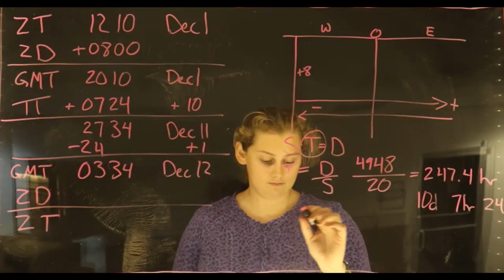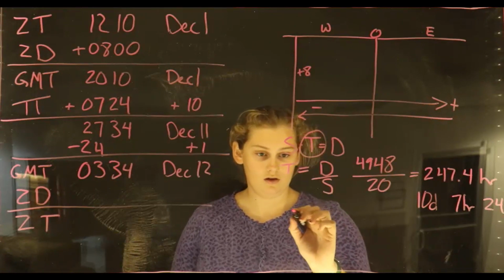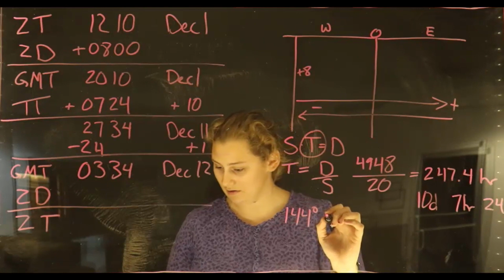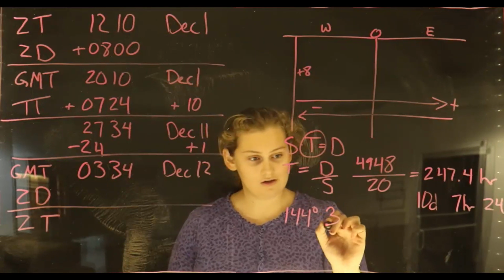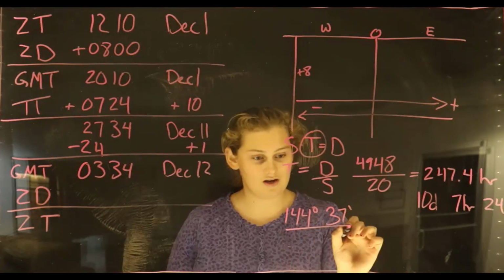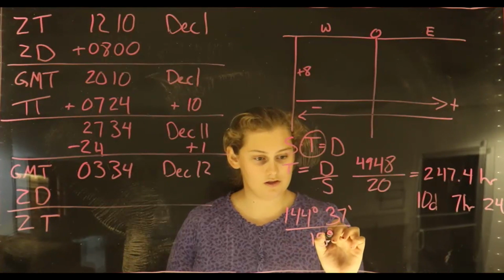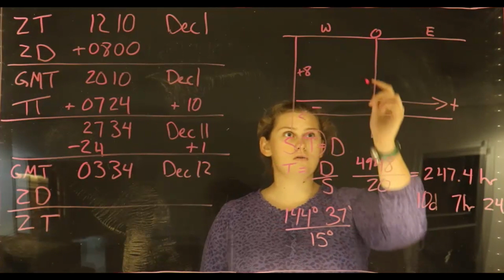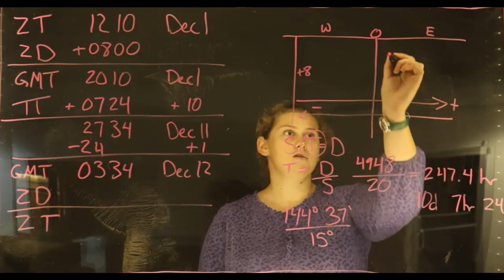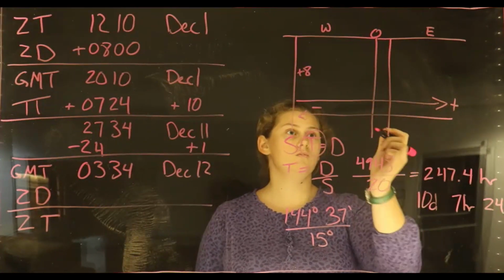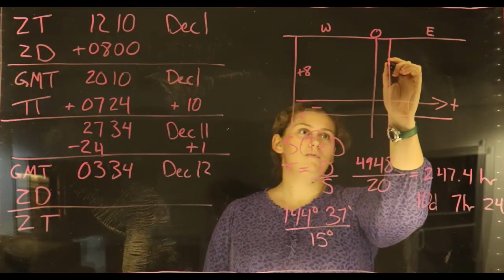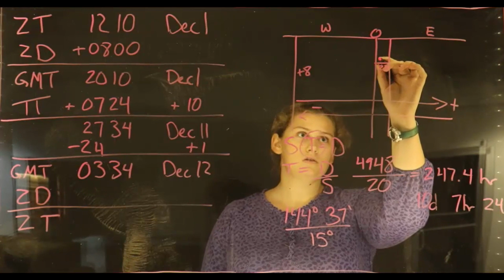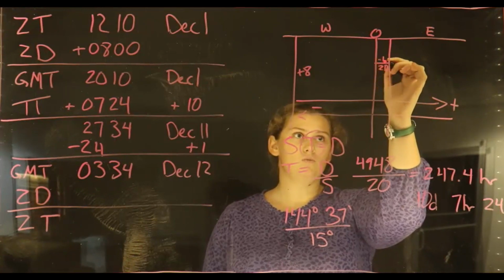So we have 144 degrees and 37 minutes divided by 15 degrees. Our 15 degrees is what each zone description is made out of. So we have our zone description, which would be from here to here. That would be one zone description. So this would be a zone description of -1.